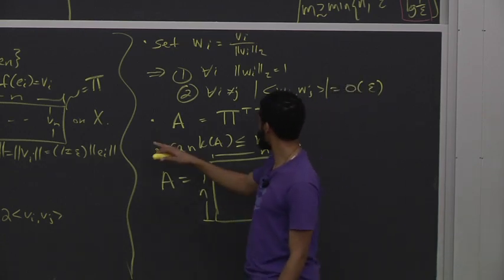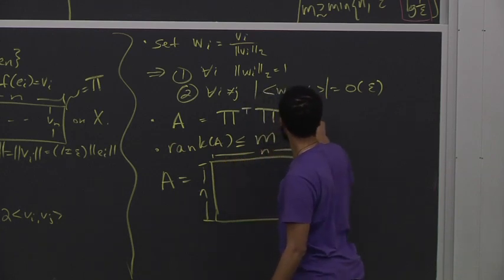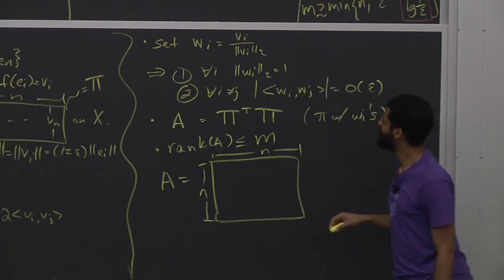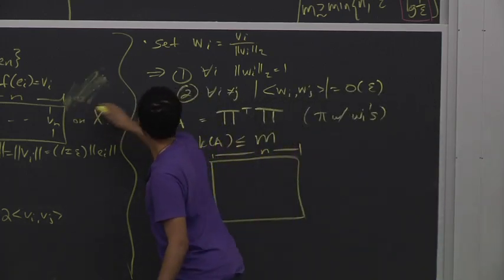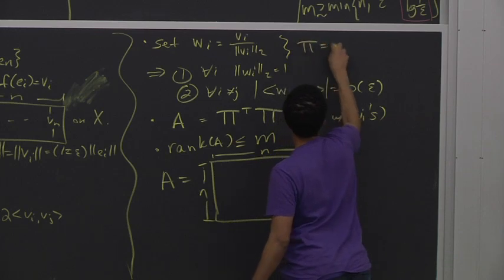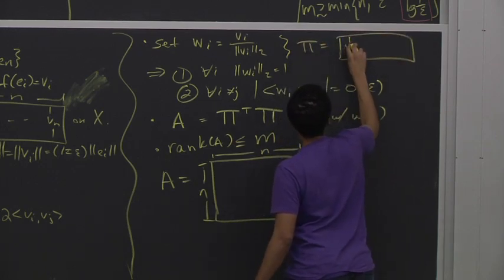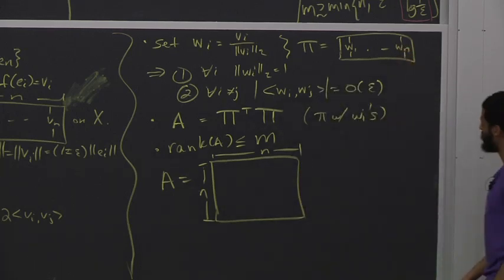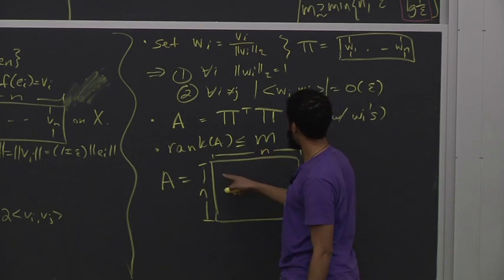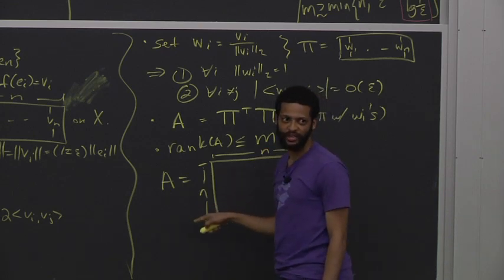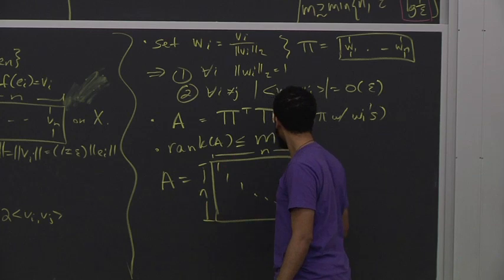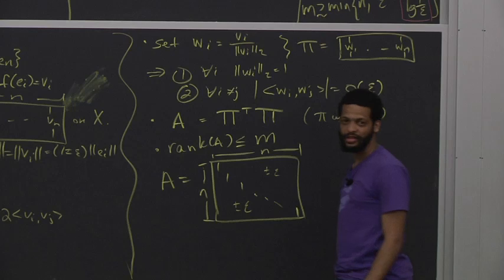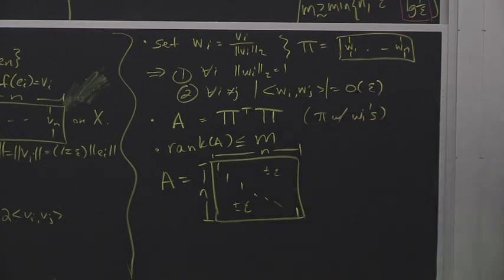Well, actually, I shouldn't say pi. So this is basically pi with the Wi's. So let me write it like this. Pi is this matrix now I'm defining, W1 up to Wn. So pi transpose pi, each entry is some Wi dot Wj. So the diagonals are all 1, and everything that's off the diagonal is plus or minus epsilon. So it's like an almost identity matrix.